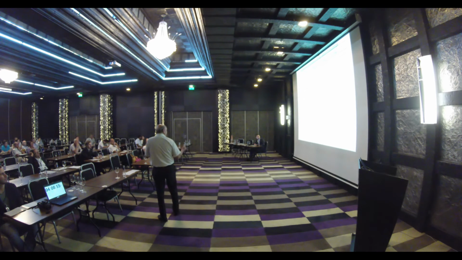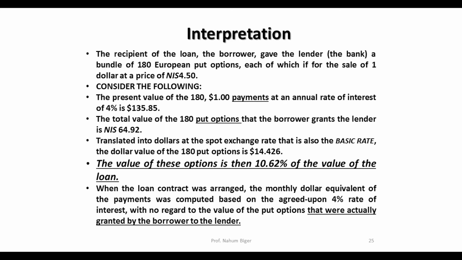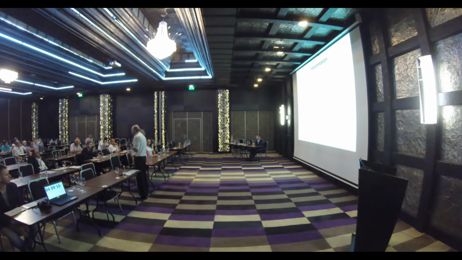But basically what happened here is as follows. I tried to compute the value of all of these options. There are 180 options. The sum of these options turned out to be something like 10.5% of the dollar value of the loan.